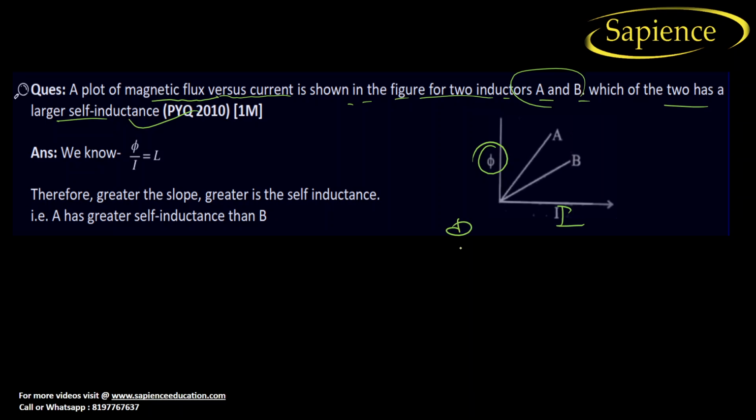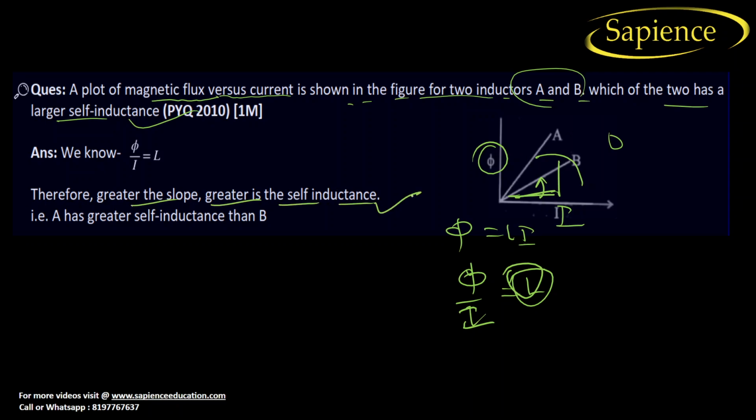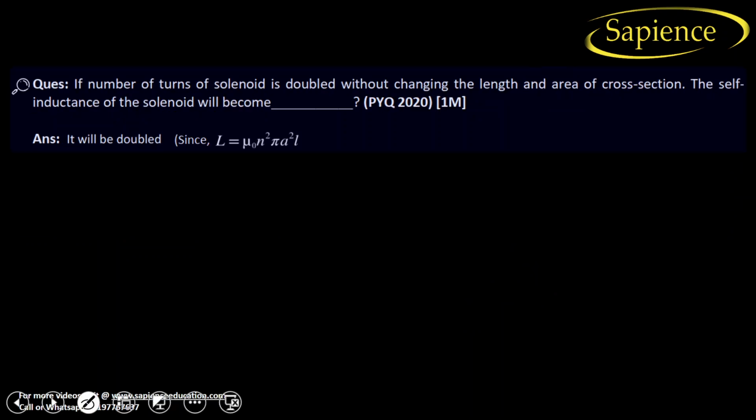So we know that phi is equal to LI, or from here phi by I is equal to L. So in the phi versus I plot, the slope will always give you L. So more slope means more L. So A has more slope, so A has a larger self-inductance. Therefore the greater the slope, the greater is the self-inductance. That is, A has a greater self-inductance than B. So I hope you have understood this.